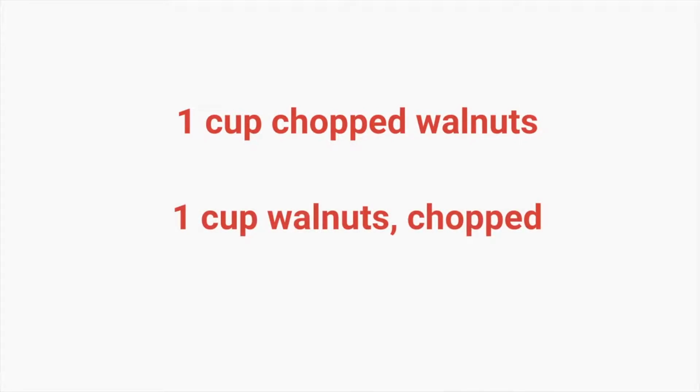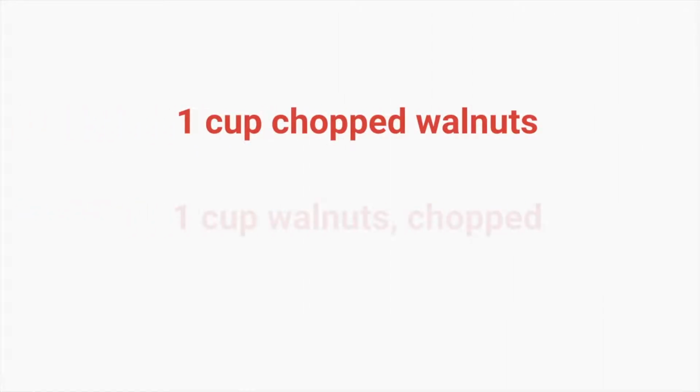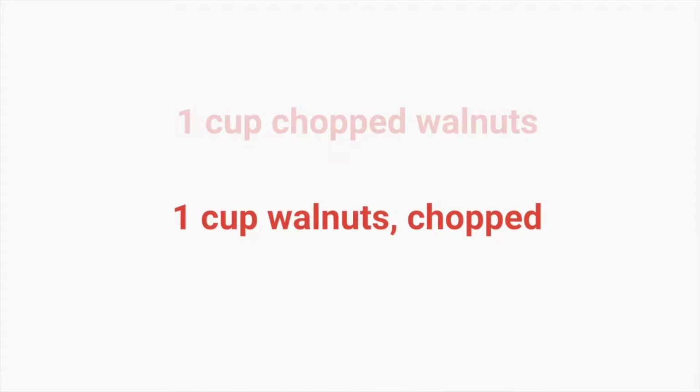This comma indicates when the item should be measured. So 1 cup of chopped walnuts means measuring a cup of nuts after they've been chopped. Conversely, 1 cup of walnuts chopped means that the nuts should be measured whole and then chopped after.